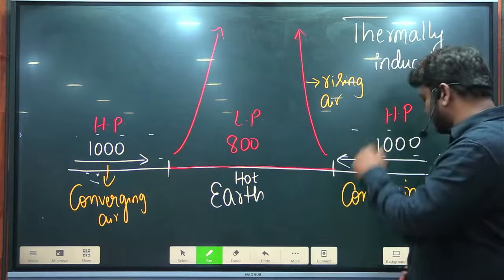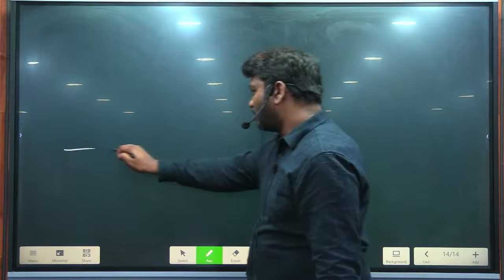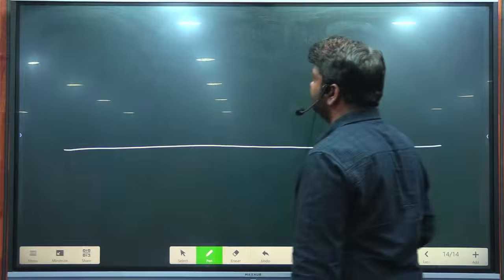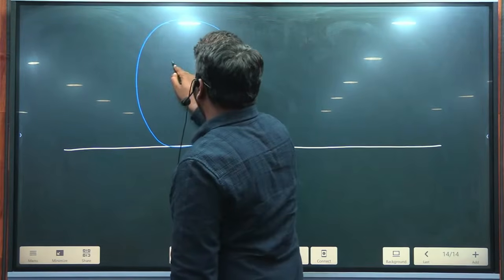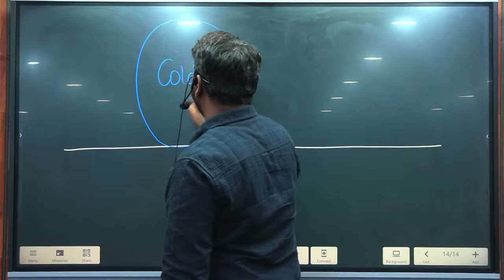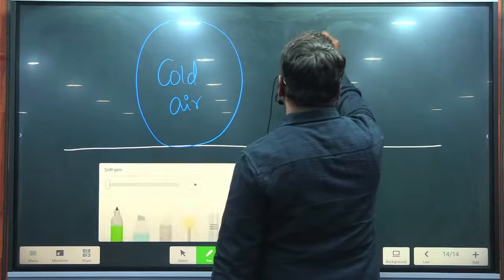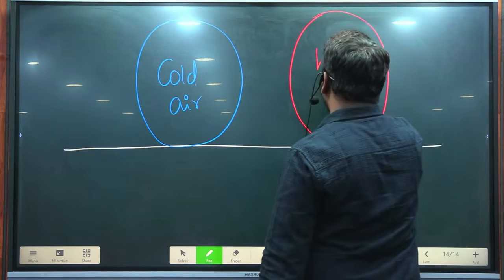Second, guys, think and tell. Now, land is normal, guys. Land doesn't have hot or cold. Okay, one side I have cold air. Another side I have hot air.